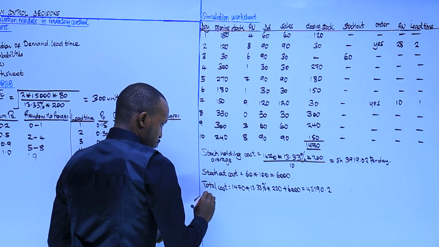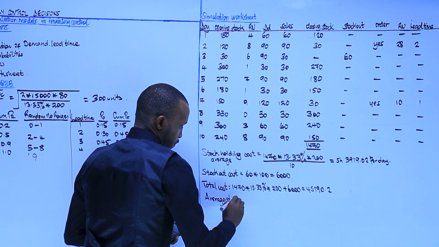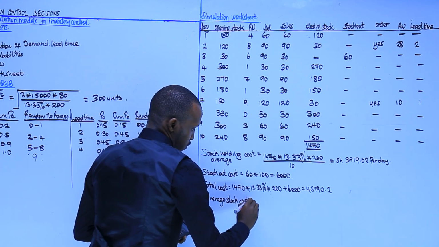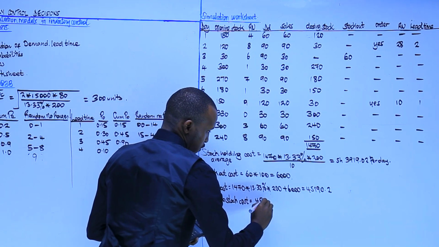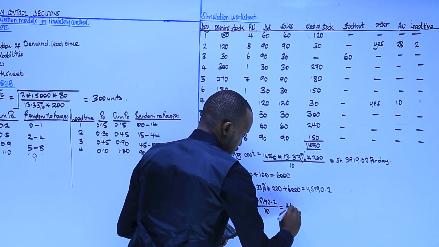So the average stock cost, you simply take your total cost, divide by the number of days.